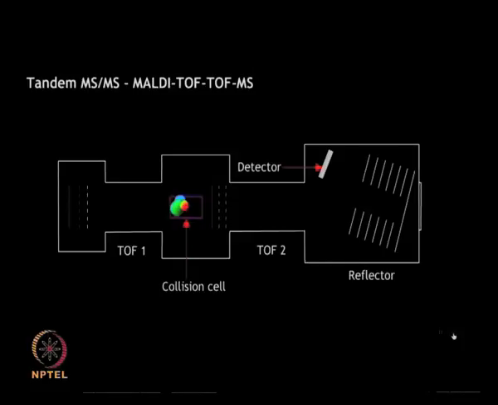The selected ions enter the collision cell, where they are further fragmented. The fragmented ions are accelerated and further resolved on the basis of their m/z values in the second time of flight tube, after which they can be detected.